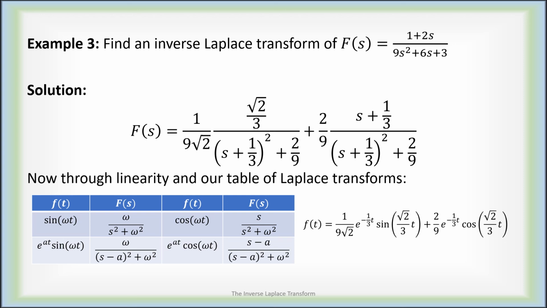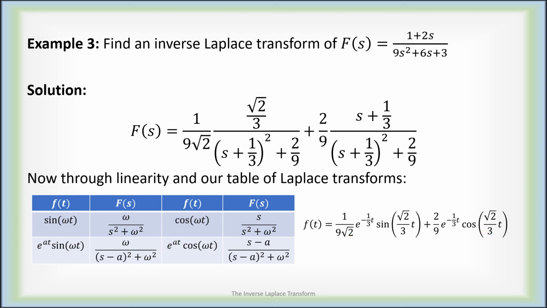It's much, much less work to do this basic algebra than to try to ask the question, can I magically come up with a function whose Laplace transform would be this. By guess and check or whatever, you would never think to start with this function here. Okay?